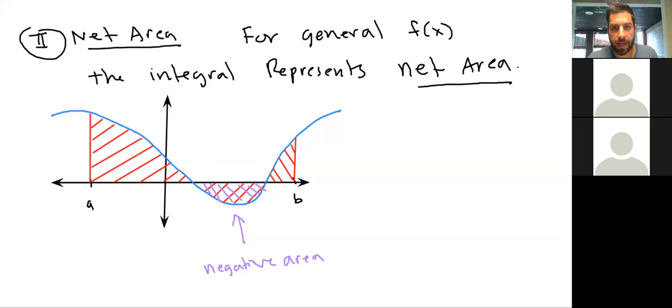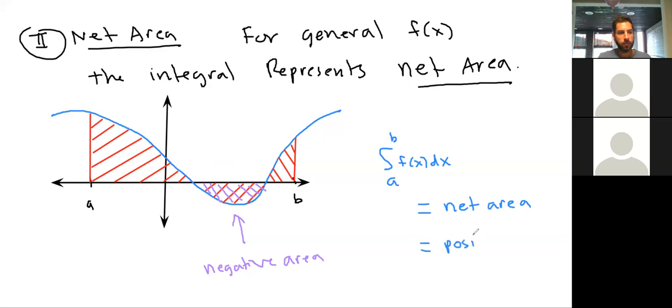And so the net area from a to b of this particular function, you could think of as the positive minus the negative.